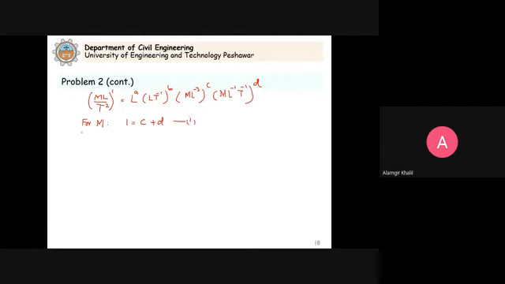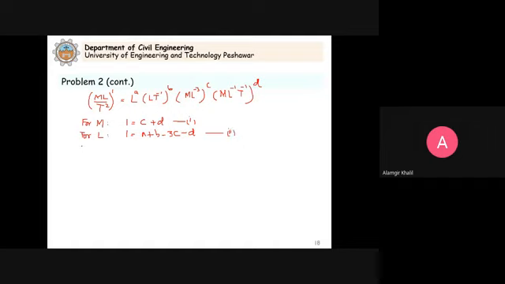Then for L, it is 1 on the left, and on the right we have a plus b minus 3c minus d. Let's say this is equation number 2.